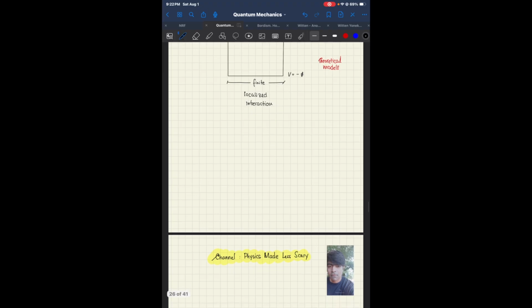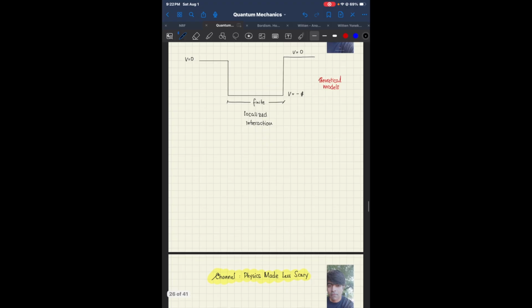So for simplicity, as you see, we have chosen this potential. This is the simplest potential that we can start with, this V of x. How do I parameterize it? Let's see. How does Griffiths parameterize it?